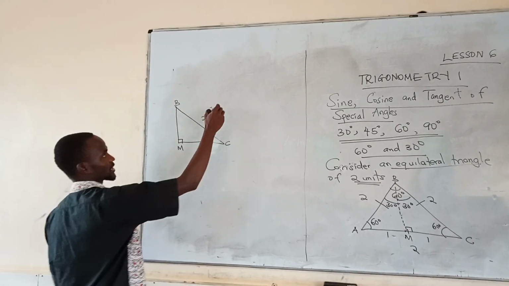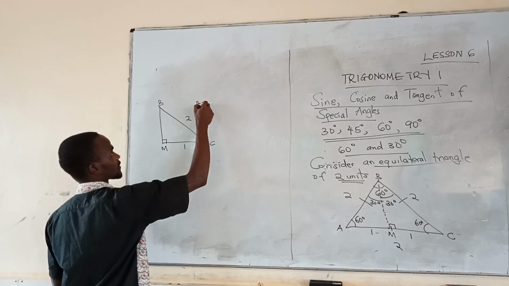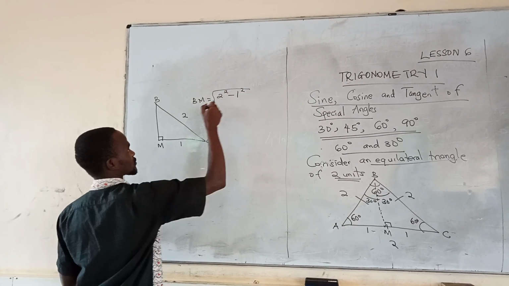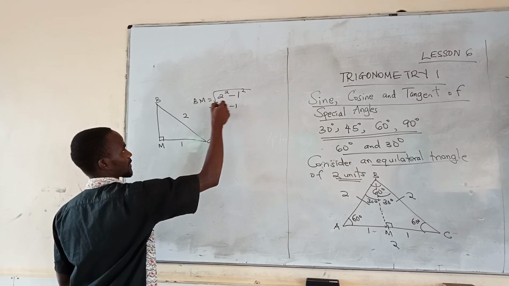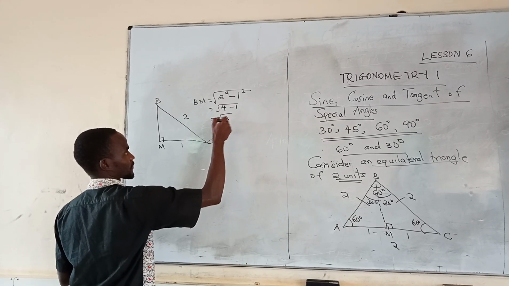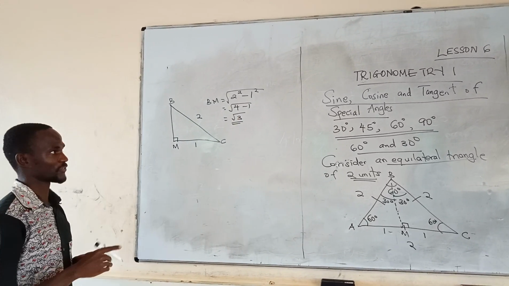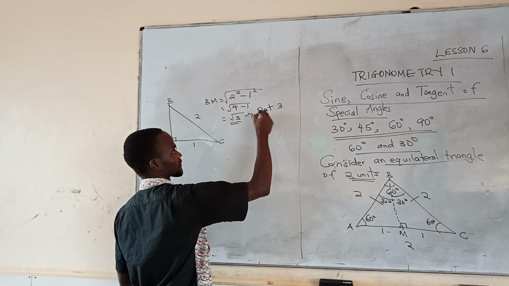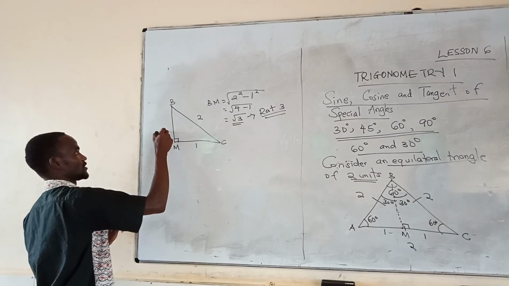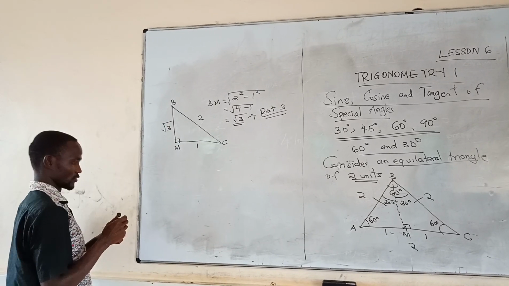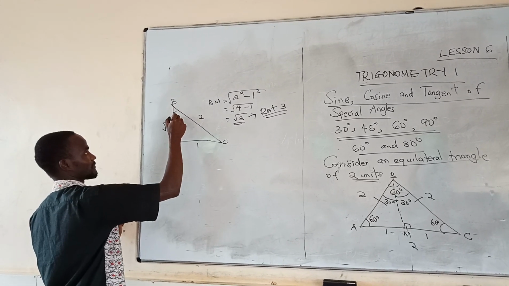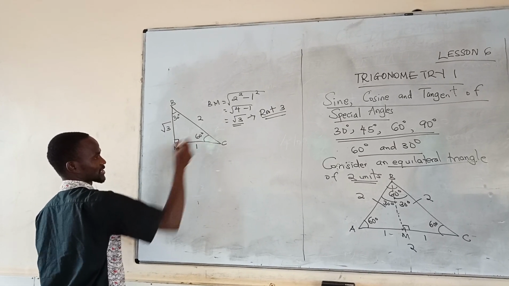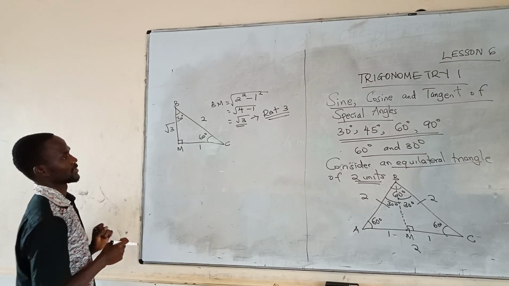So BM will be the square root of 2 squared minus 1 squared, which is 4 minus 1, so the square root of 3, which we will call root 3. Remember, we have 30 degrees here and 60 degrees here.